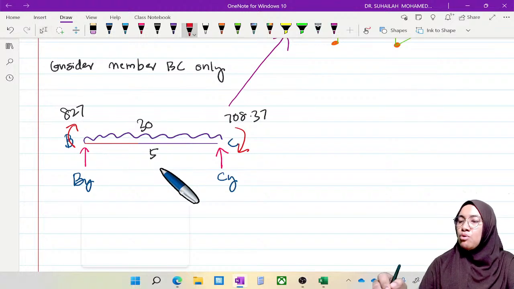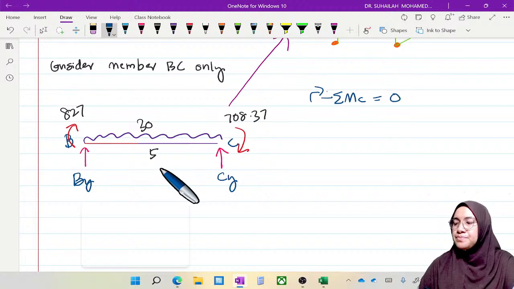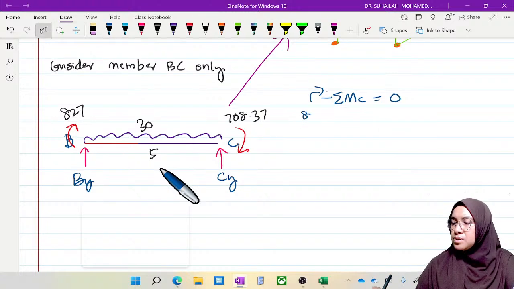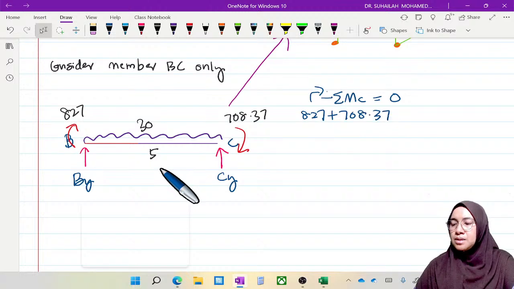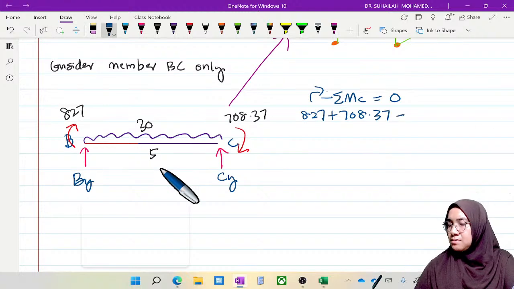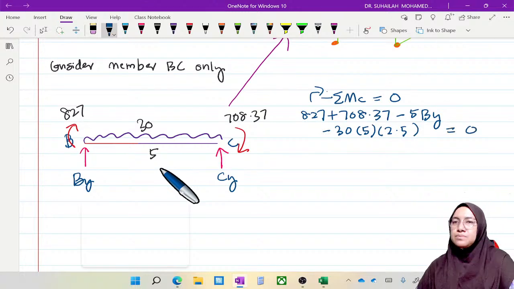Okay, so by taking moment at C equal to 0, we get 827, plus 708.37, plus 5 BY, minus 30 times 5 times 2.5 equal to 0.